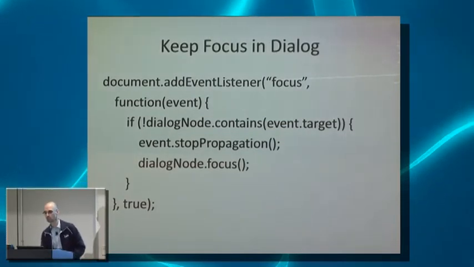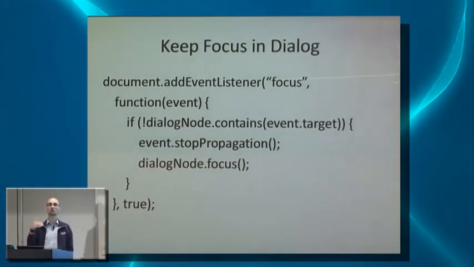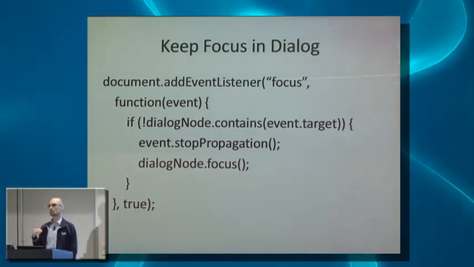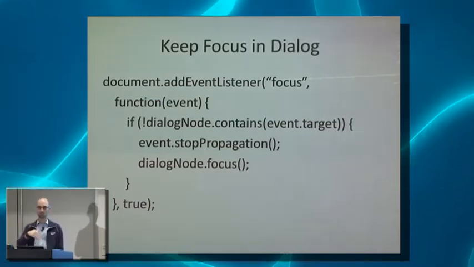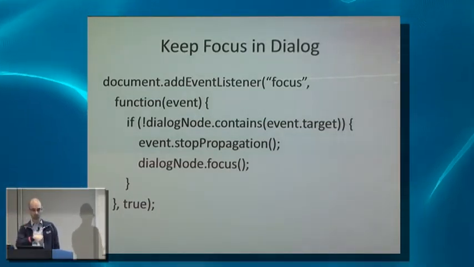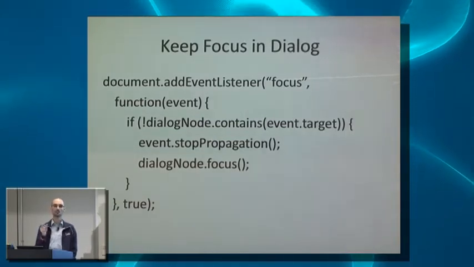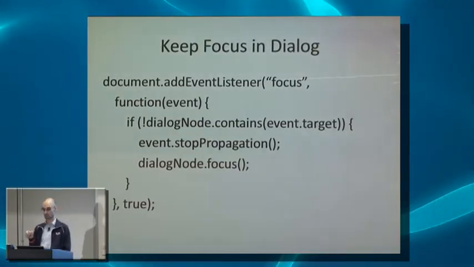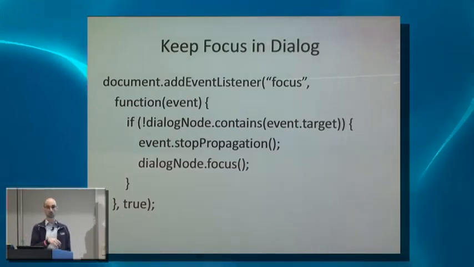What you basically do is listen for focus at the document level. Since focus doesn't bubble, I'm listening for it during the capturing phase, so as it's coming down the document. And all you do is check to see if the element that is getting focus, event.target, is contained within the dialog.